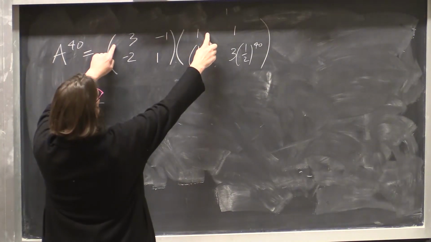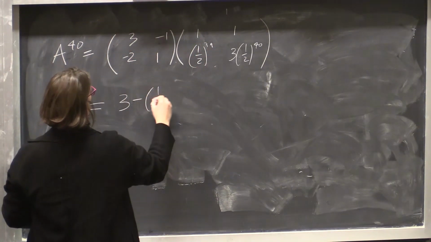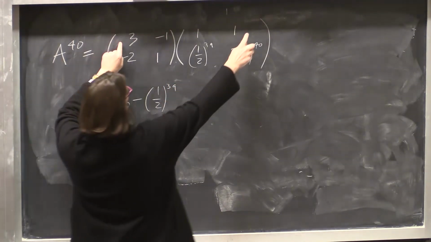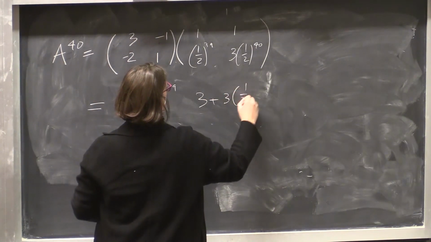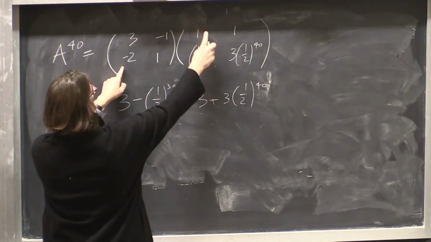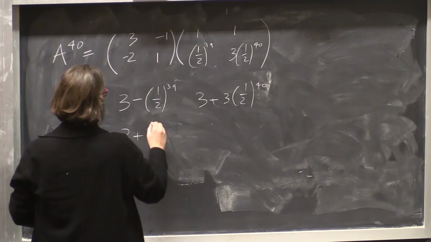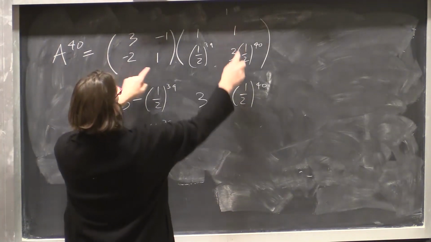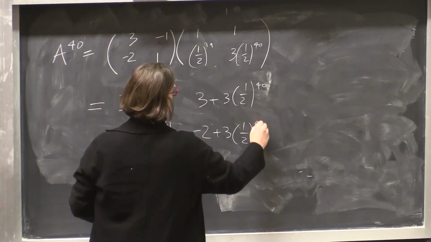So 3 minus 1/2 to the 39th, 3 plus 3 times 1/2 to the 40th. Minus 2 plus 1/2 to the 39th, minus 2 plus 3 times 1/2 to the 40th.